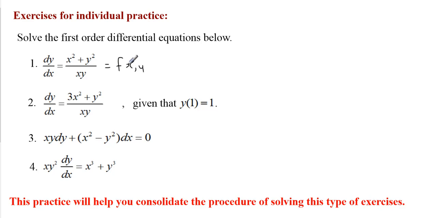But you would have to actually manipulate the expression to get to this form, then check if the equations are homogeneous, and then using the substitution which we've talked about, that y is equal to vx, reduce the equation to separable variables and then solve. And very important, you must know that your final answer must be in terms of y and x. v is just a helping variable to facilitate the solution of the equations.